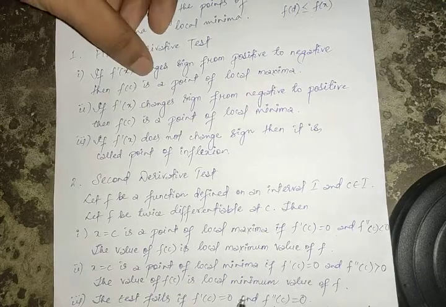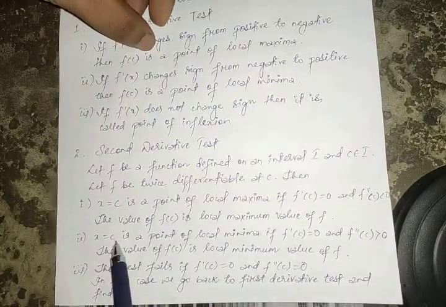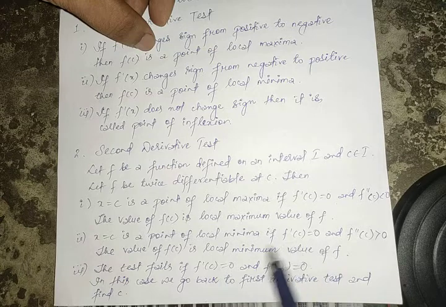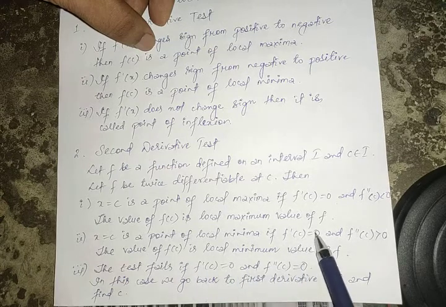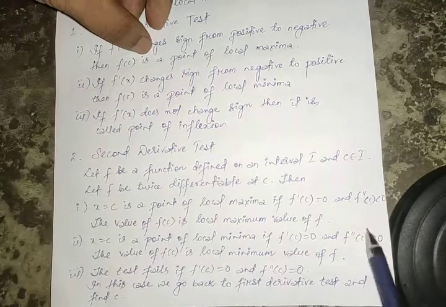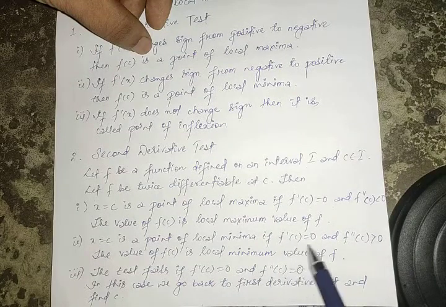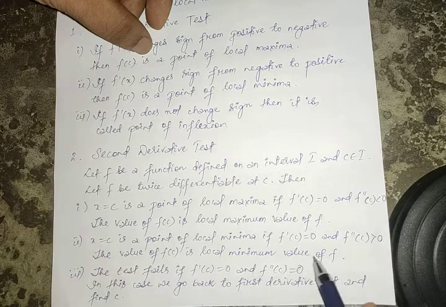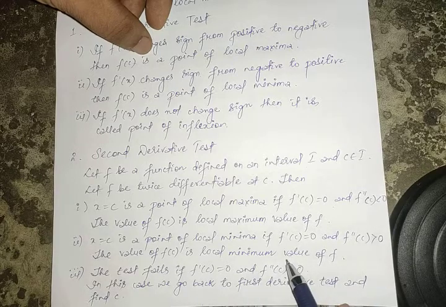Then the second point: x equal to c is a point of local minima if f dash c is equal to 0 and f double dash c is greater than 0. If you get this condition, then the value of f of c is the local minimum value of f.